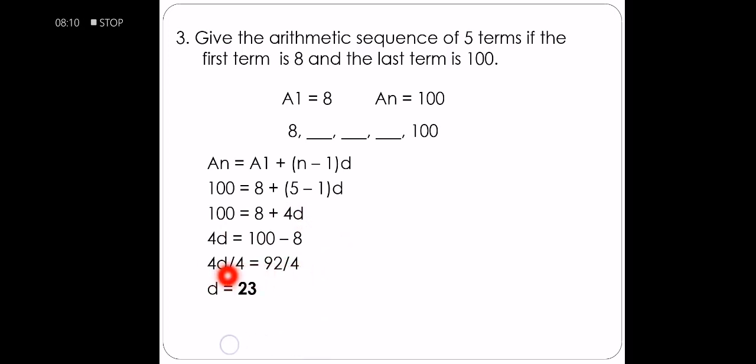So 4d divided by 4 equals 92 divided by 4. The 4 cancels, and d equals 92 divided by 4, which is 23. So what we will do is add the common difference to each term. 8 plus 23 is 31, plus 23 is 54, plus 23 is 77.